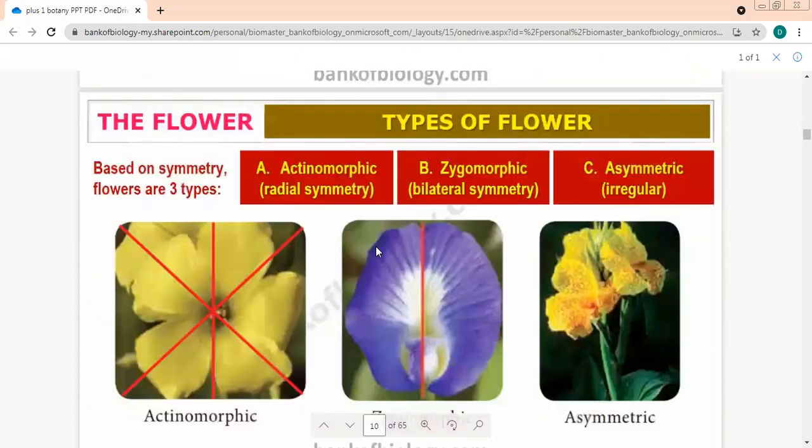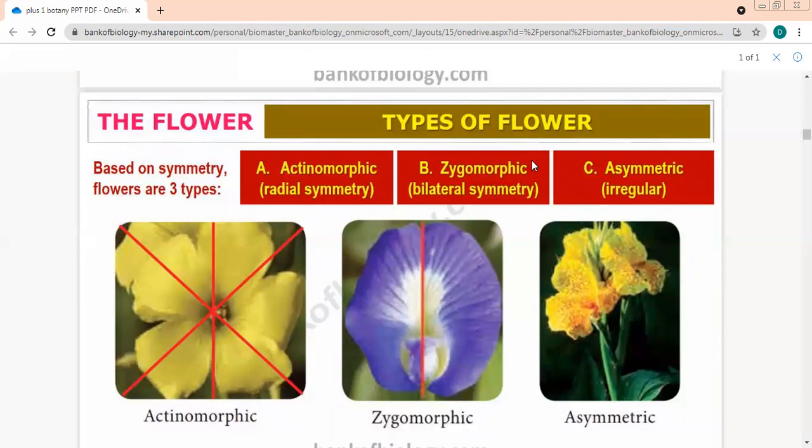Then we did this actinomorphic flowers. Which kind of symmetry is this? Radial symmetry. Means you can cut it along any plane and you're going to get equal halves. This is with symmetry. Bilateral symmetry. Yes. Such flowers which have bilateral symmetry are called? Zygomorphic.